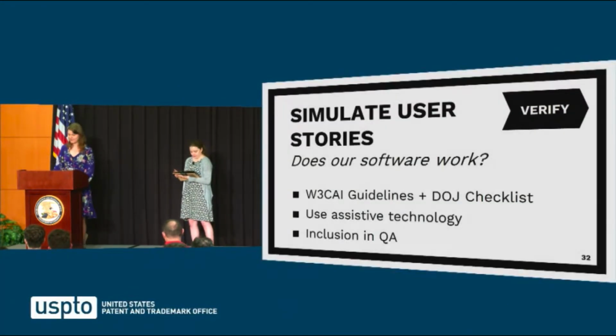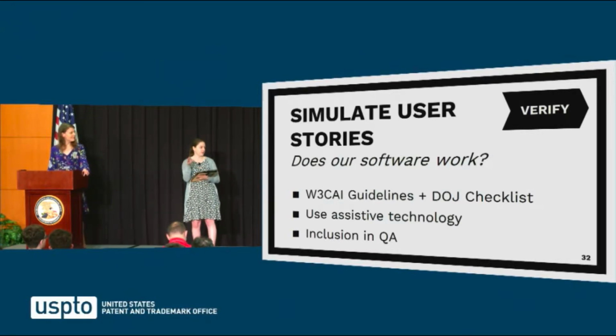Slide 32. So does our software work? Have we gone through the guidelines to check, both manually and with automated checks, if it works? In addition to those automated and manual checks conforming to the guidelines and the checklist, I also recommend running a screen reader over it to make sure it's actually working.